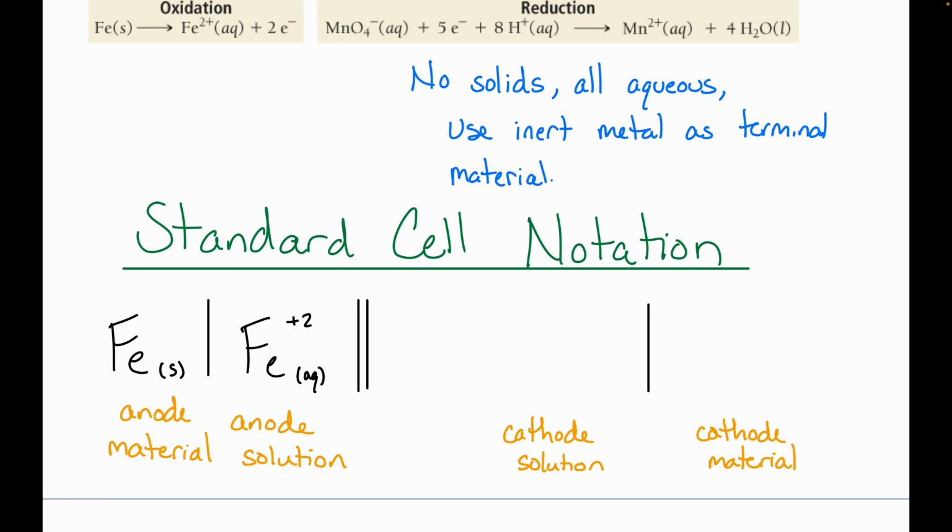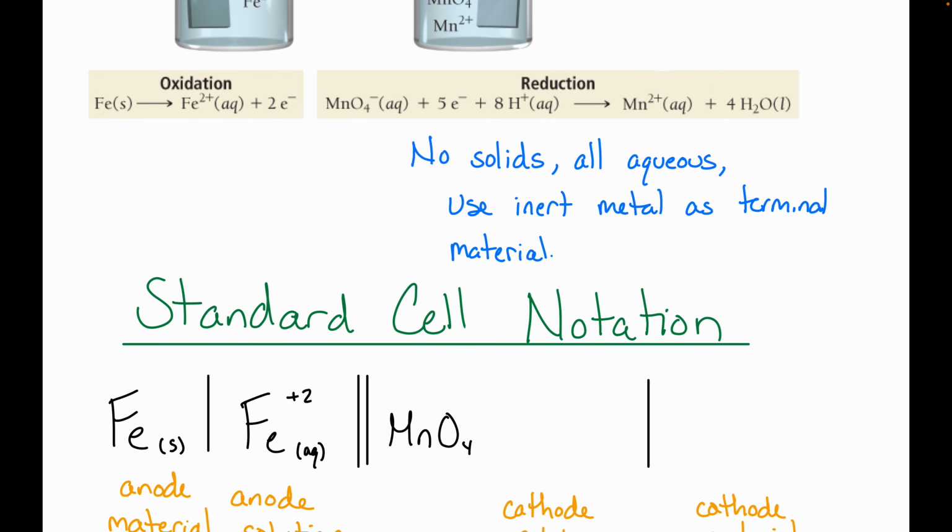To be clear, what you are going to include is everything other than your water, because again, we can assume that water is present. What you also don't have to include is any balancing coefficients. So it's just a list of these compounds in there: your permanganate, your hydrogen ions, since we do want to indicate that we have acidic conditions, and our manganese 2 ions are also floating around in that solution.